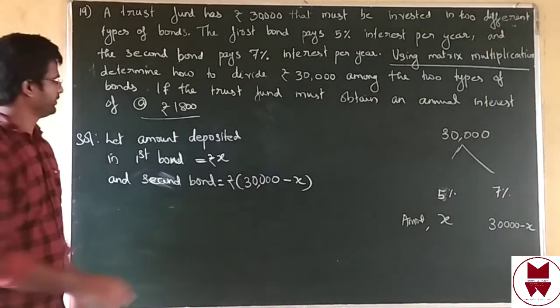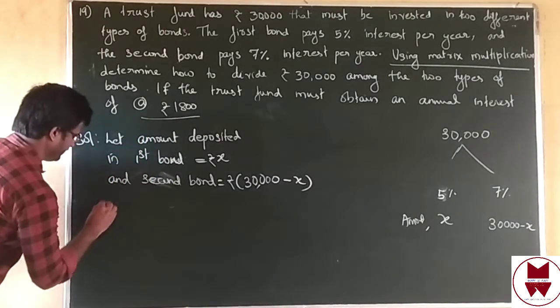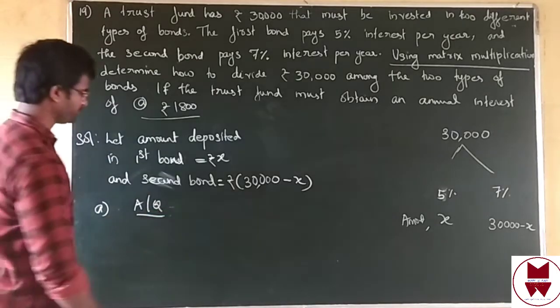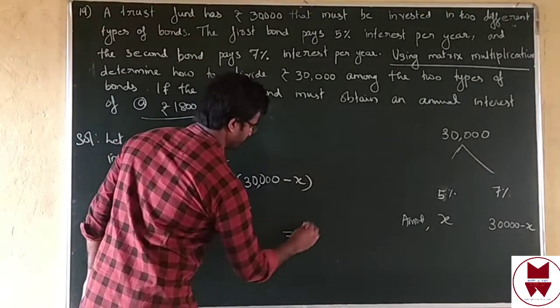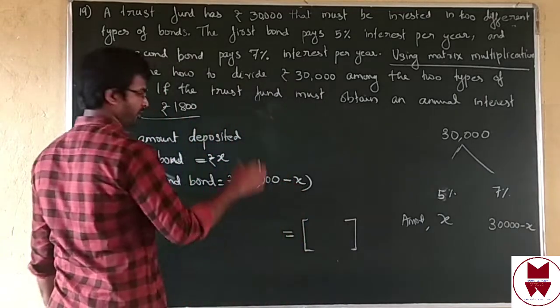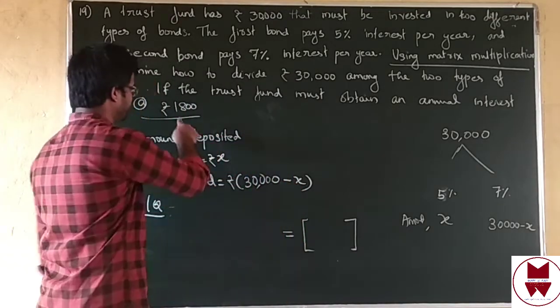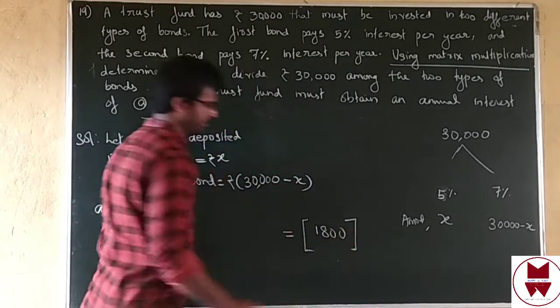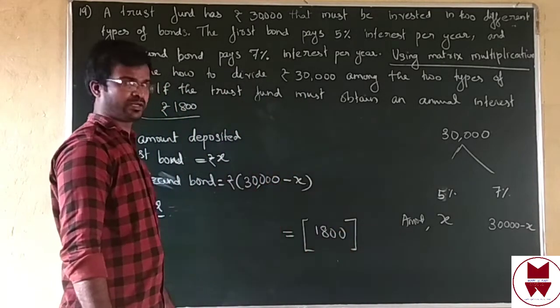Now we can see question A. According to the question, we can use a matrix only. The answer: how much amount do we need after 1 year? That is 1,800. We can write in matrix 1,800. That is a 1 by 1 matrix.